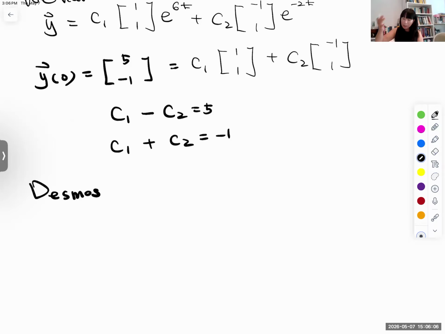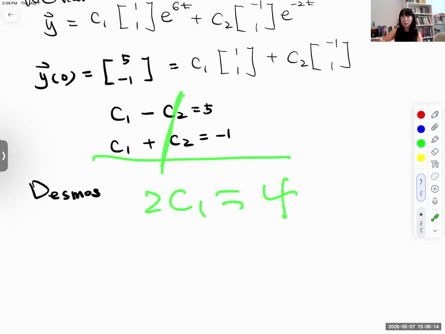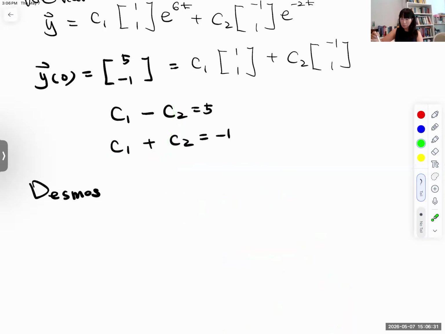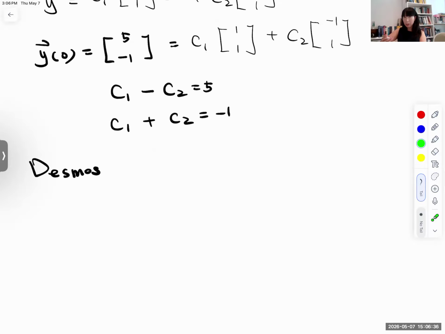We can find this easily: adding the equations, c sub 2 cancels and 2 c sub 1 equals 4, so c sub 1 equals 2. Then plug in c sub 1 as 2, and we can find c sub 2, which is -3. All right, we can do that, it's up to you.